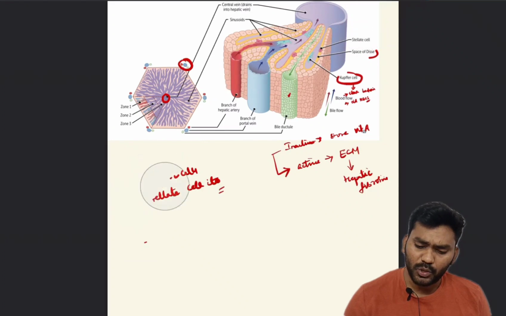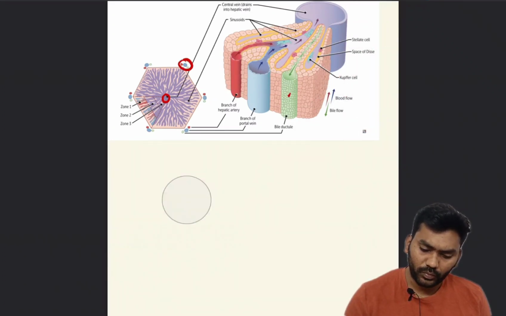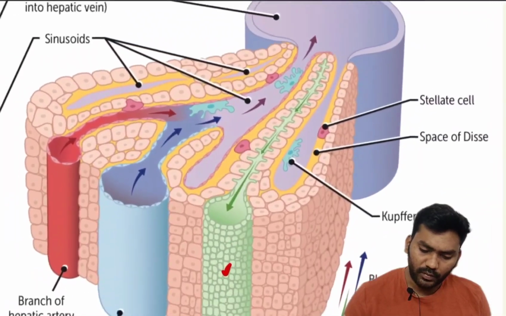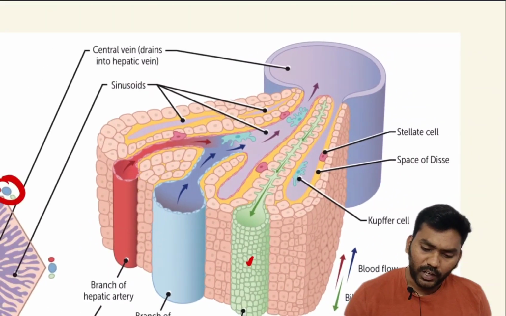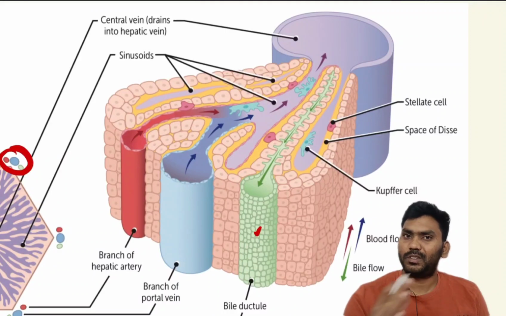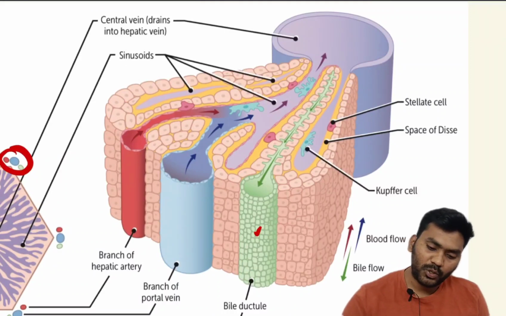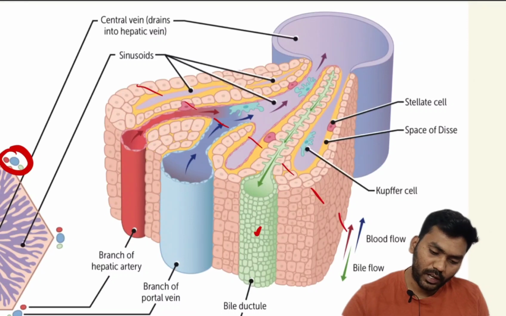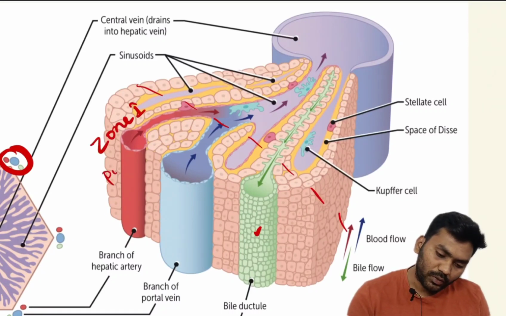Coming to the zones of the functional unit of the liver. It is divided into three important zones, starting from the periphery towards the central vein. The zone surrounding the portal triad is called zone 1, the periportal zone.